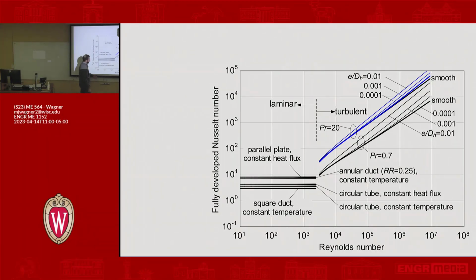Now, once we get to turbulence, things kind of change. And now it's a function of both surface roughness and the molecular Prandtl number. The roughness part may be obvious. Why the molecular Prandtl number if we're in turbulent flow? That's maybe not so obvious.